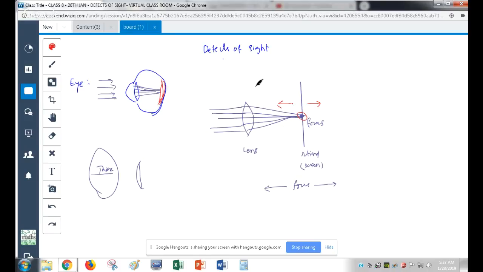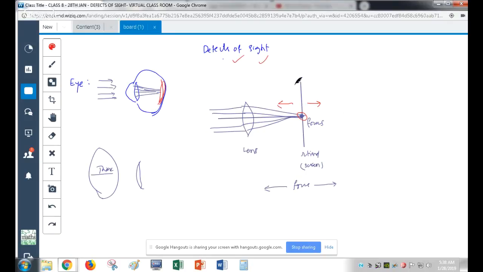That we call defects of sight. Your sight has a defect due to the change of focus either towards the lens or away from the lens.